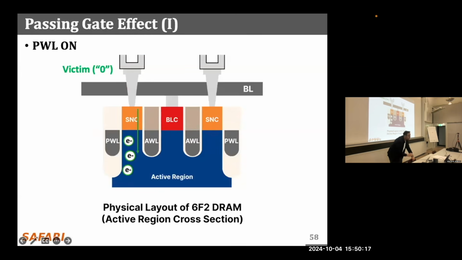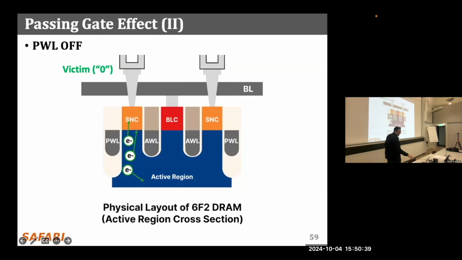Okay, so if you activate this passive word line, what happens? You have high voltage here, and then you have some electrons accumulated here, right? They're attracted to the high voltage. And then once you release this, these electrons can go anywhere.